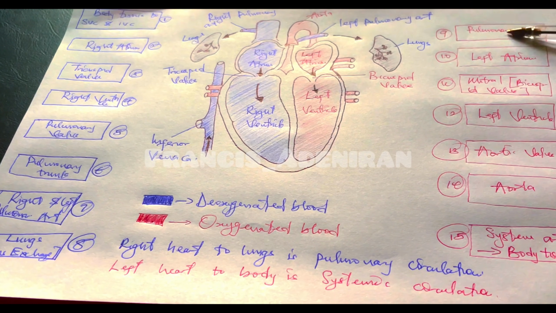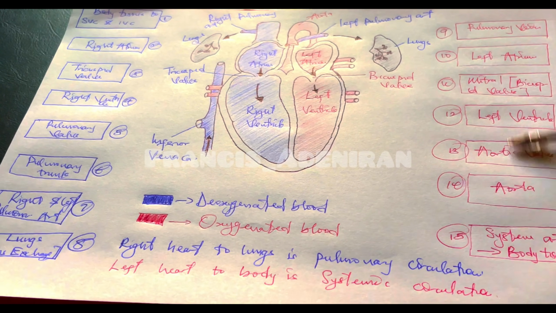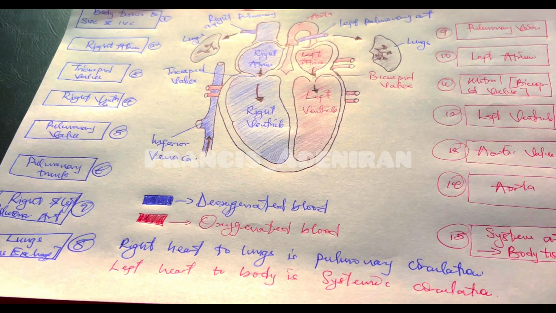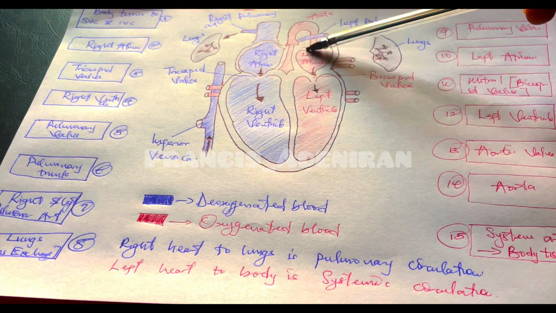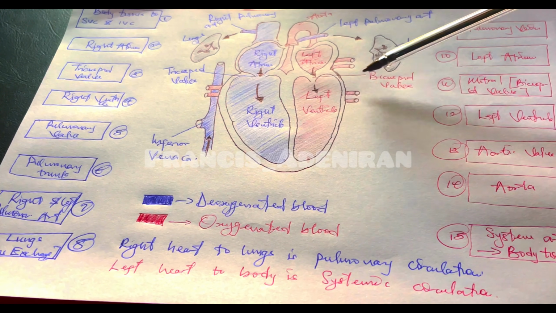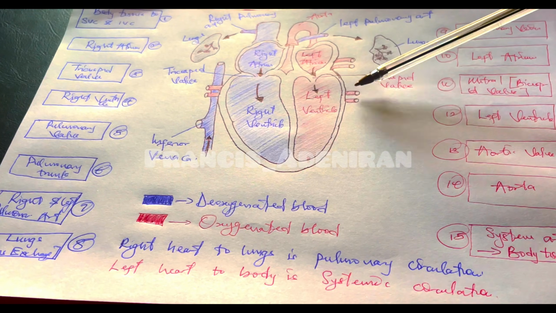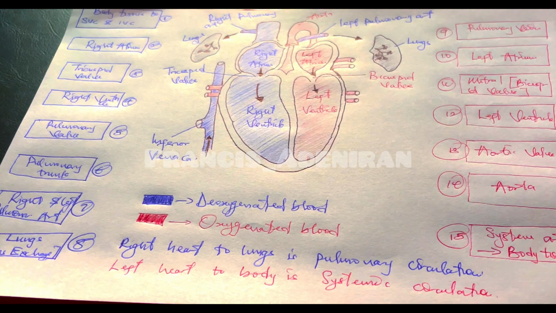So let's go to these other aspects. After the blood has been oxygenated, it gets returned to the left atrium through the pulmonary vein. Here's the pulmonary vein. And if you recall also, we said that all veins carry deoxygenated blood except for the pulmonary vein.